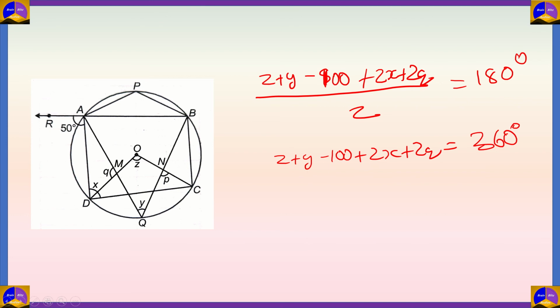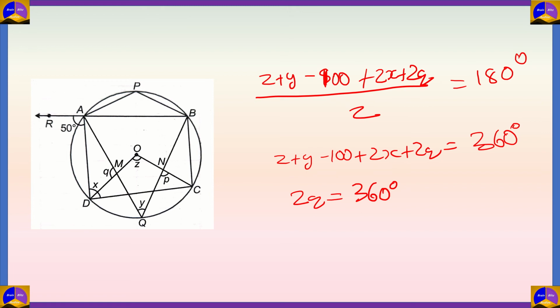Since the question asks us to find 2P plus 2Q, which is 2 into (P plus Q), let's isolate 2Q from the rest so that we can find its value, and then we'll go on to find angle P. So 2Q is equal to 360 degrees.